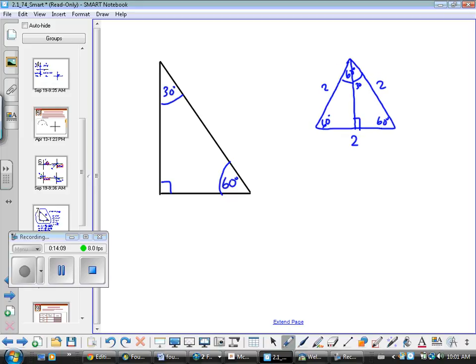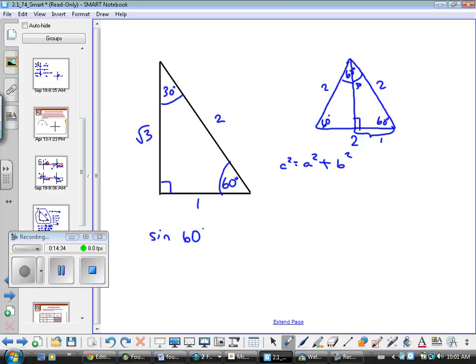That makes this a 90-degree angle, and this part here becomes 1. So this is 1, 2. If you use the Pythagorean theorem, c squared equals a squared plus b squared, you're going to find that this is root 3.